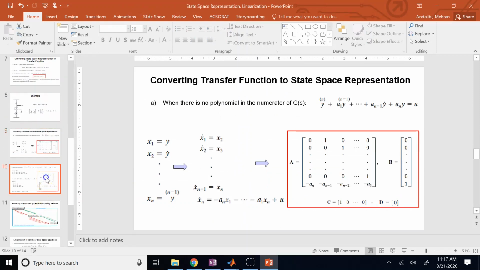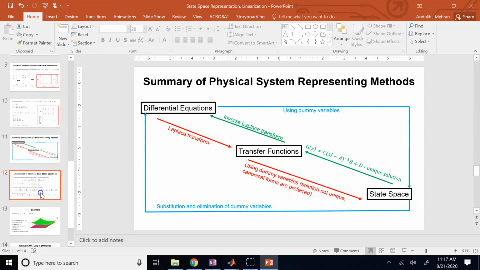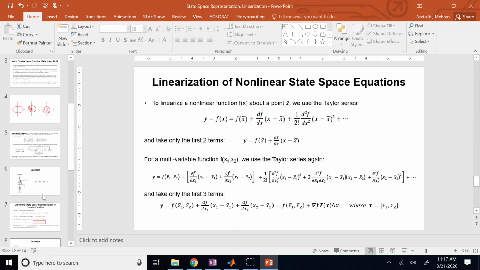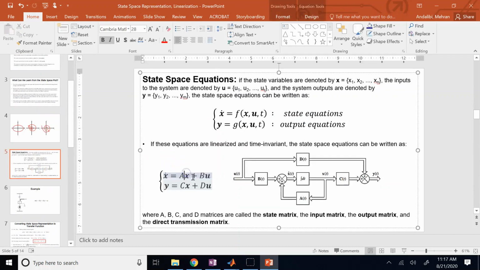Now, let me add those dimensions right here for you, so that you always know the dimensions of these matrices. In general, you don't always have only one input and one output. When you have more than one input and output, it's going to be a little more complicated, and we'll do more in class.